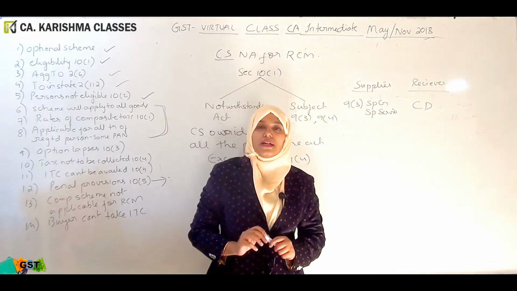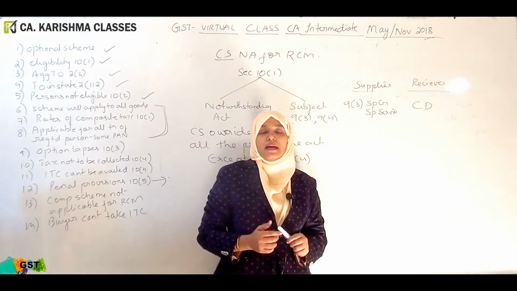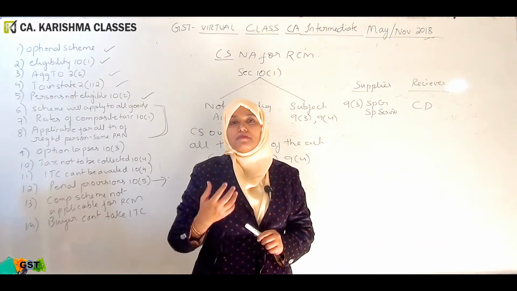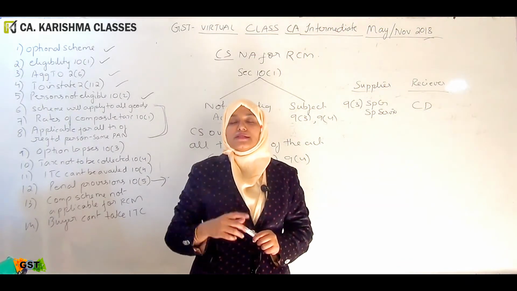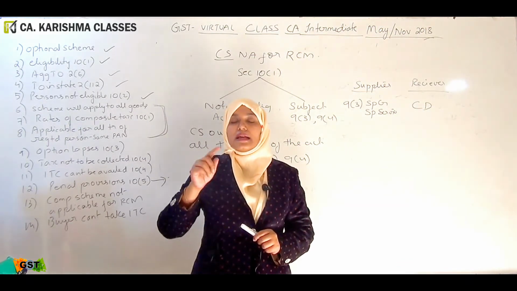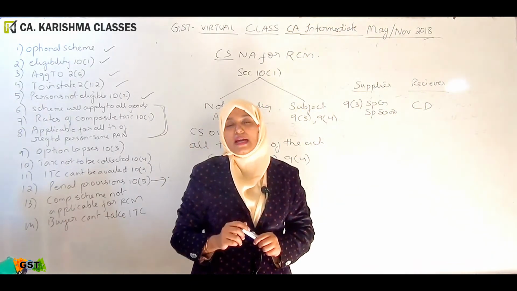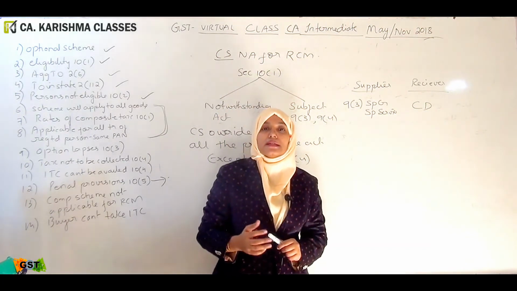Now, when cashew nut is supplied, how does this composition scheme work? In the hands of the composition dealer, that cashew nut is a purchase. It is a raw material for them. On such purchase, 9(3) is telling the recipient has to pay tax on it and all the provisions of the Act shall apply.